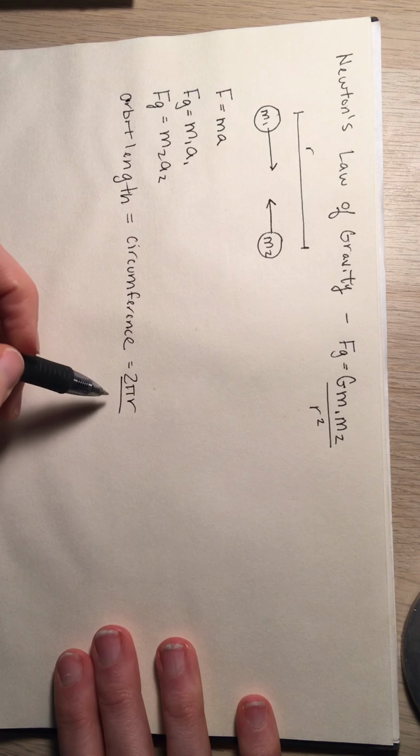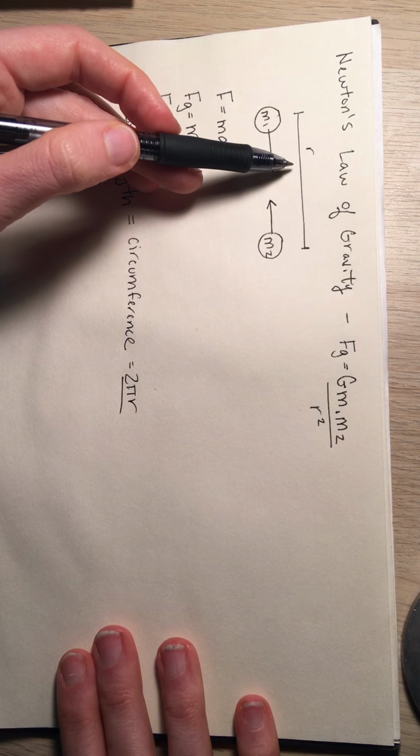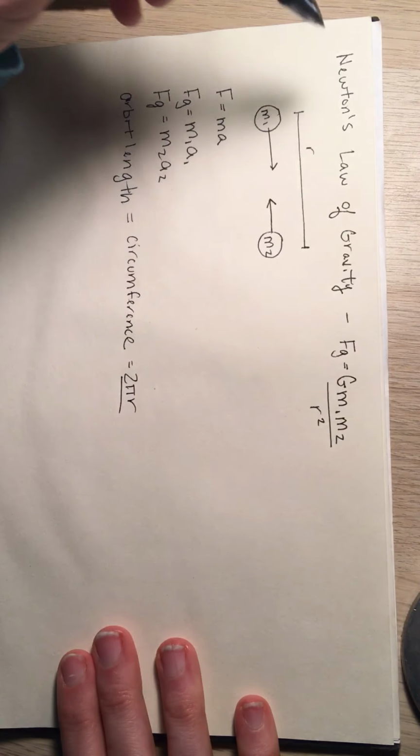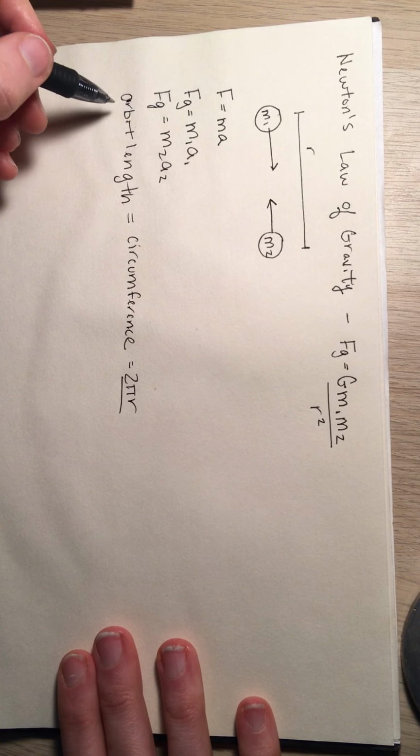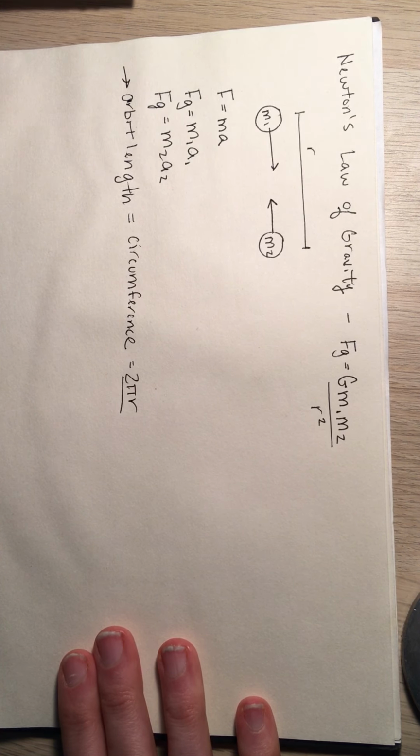And that is a geometrical relationship between the radius of a circle and the circumference of the circle, or the length of the orbit. Okay, so we'll be using that a little bit later.